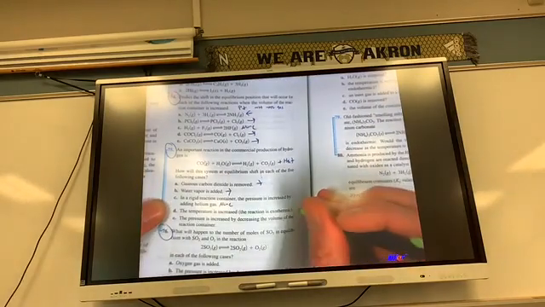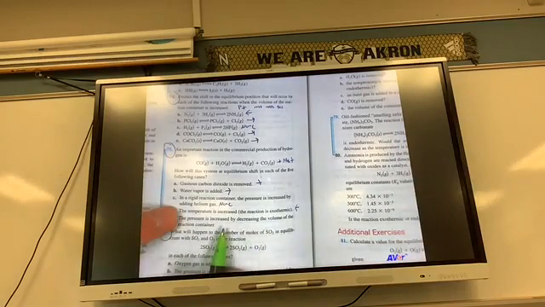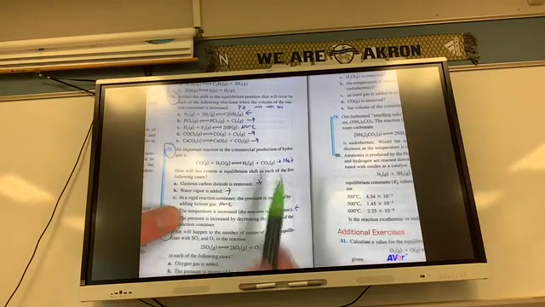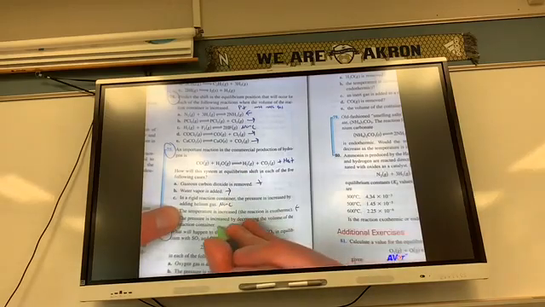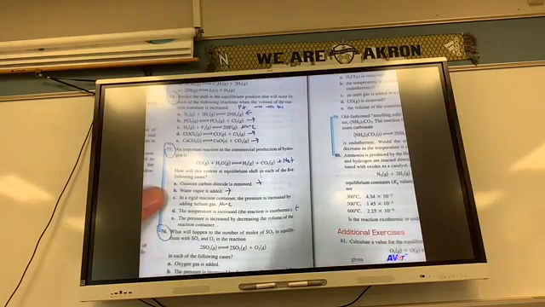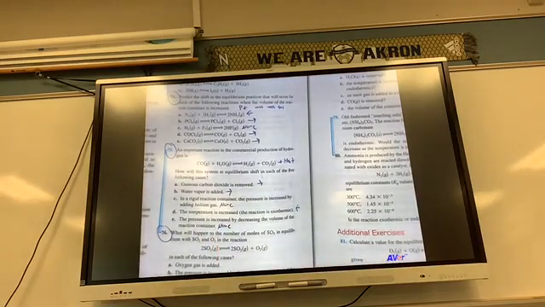So this one's going to shift to the left. And last one, the pressure is increased by decreasing the volume. So pressure is going up. Shift to the side with the least amount of moles of gas. 1, 2, 1, 2. They're the same. So this last one is none. That's 75.